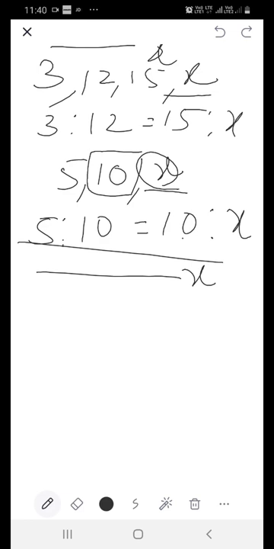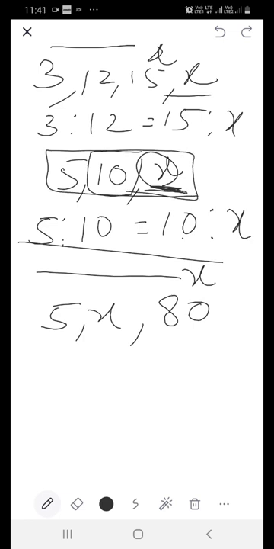So you are going to put the mean proportion in between, because the mean always comes in between the two numbers. So x will be placed in the middle. Now again, the same concept will be used as I told you about the three numbers, that the middle one, that is x, will be repeated. 5 is to x is equal to x is to 80.